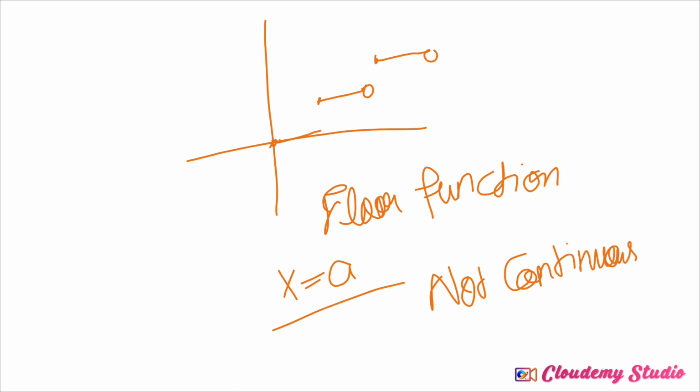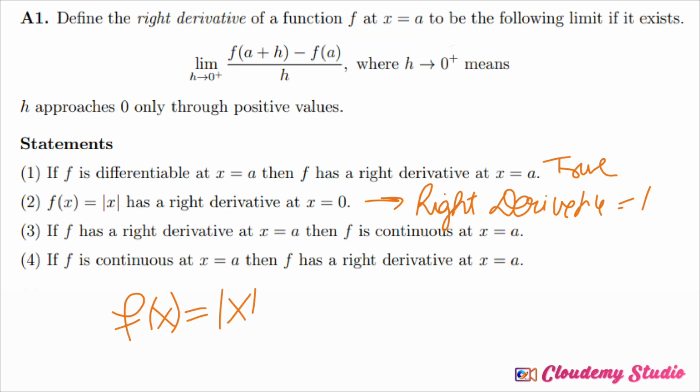Then the fourth question is: if f is continuous at x equals a, then f has a right derivative. If it is continuous here, first let me write on 3. So this is false, and this is also false.